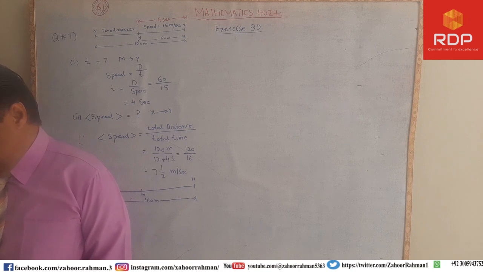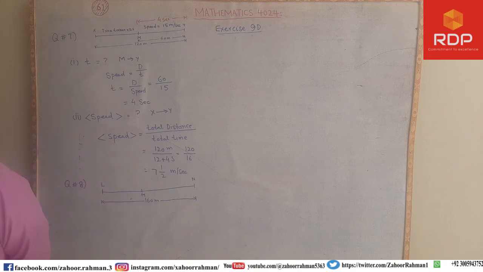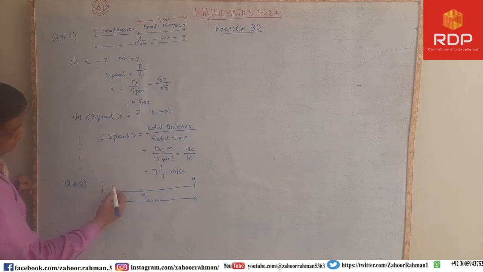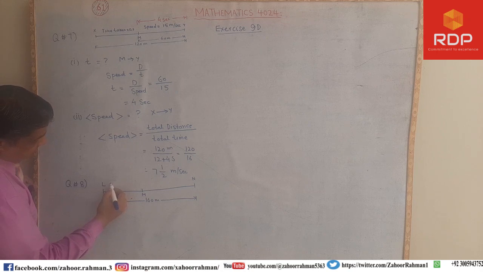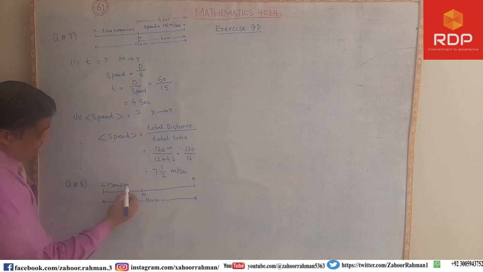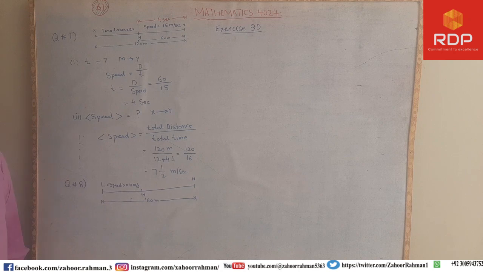So we have to write that from L to M, the average speed is equal to 10 meter per second.